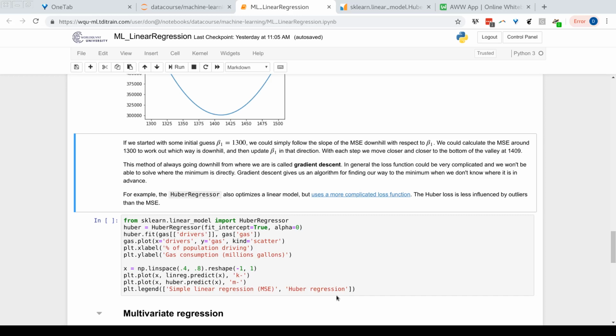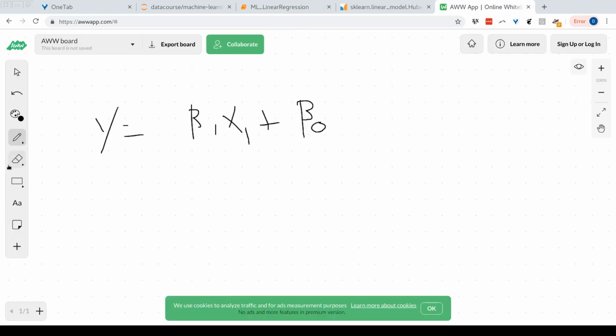Let me draw out this cost function. So let me throw this question at you. What is a problem with using a mean squared error? What are some problems we might run into with using this cost function?